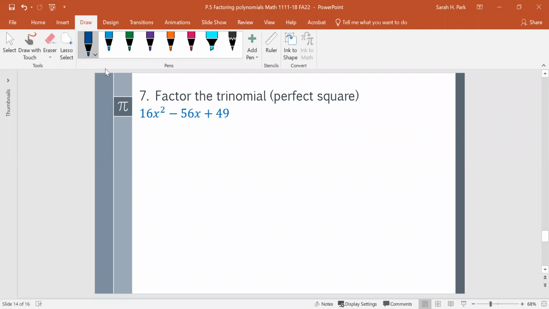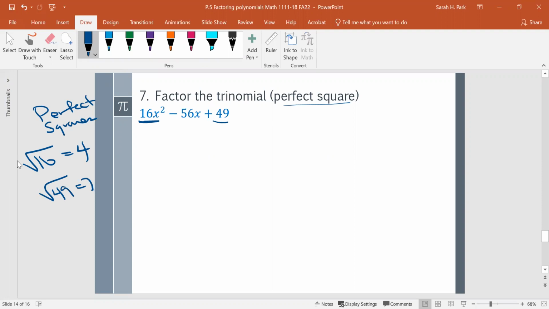I see the 16x squared, I know it's a perfect square. 49 is a perfect square. Perfect squares, and we're just doing a brief overview, are numbers where if we take the square root, it gives us a whole number. Like the square root of 16, we know it's 4, and the square root of 49 is 7, because 7 times 7 is 49.